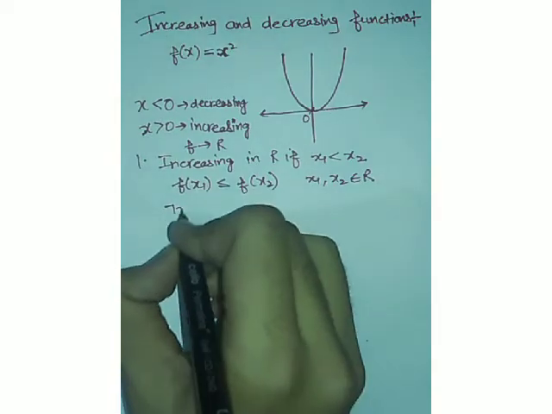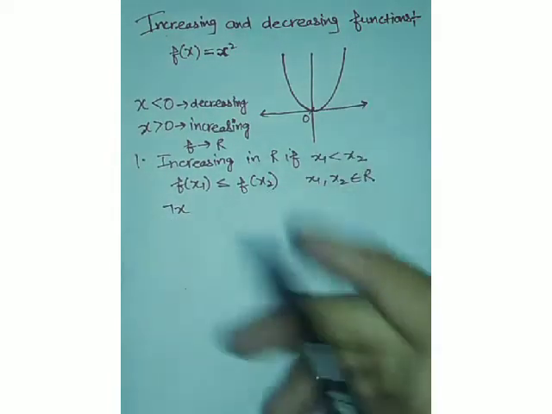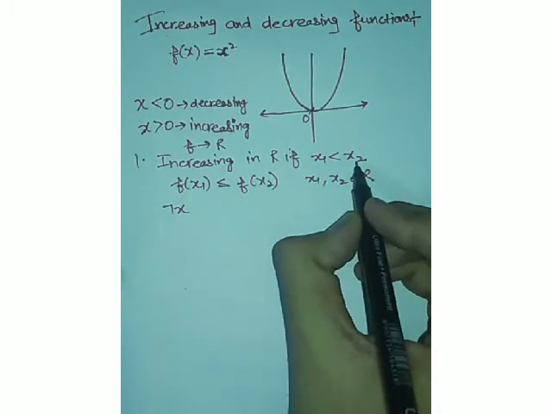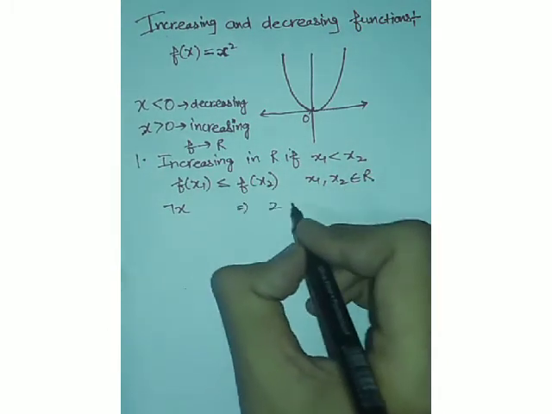For example, consider the function 7x. Choose two real numbers, 2 and 3, such that x1 is less than x2. It means 2 is less than 3.